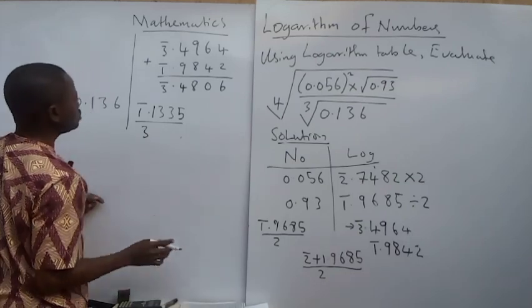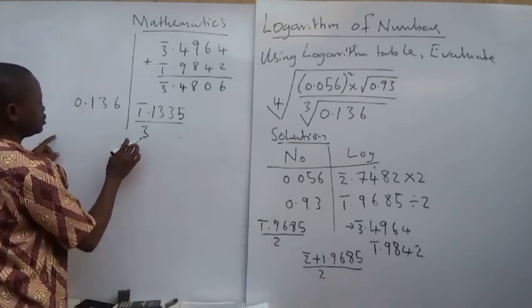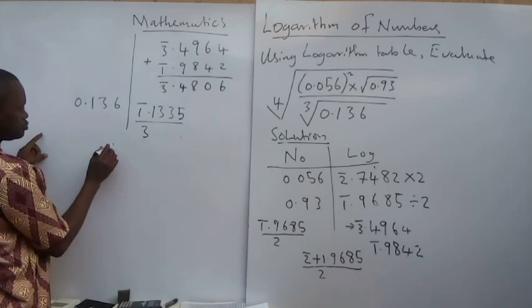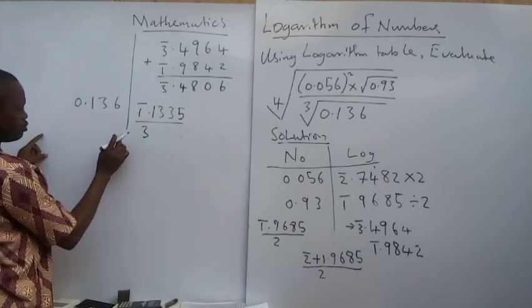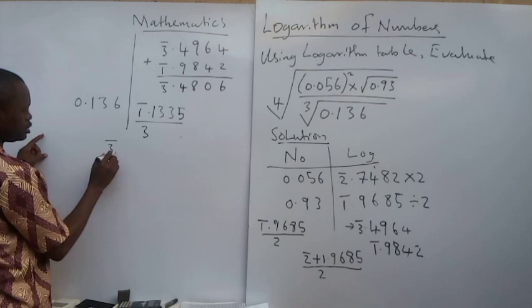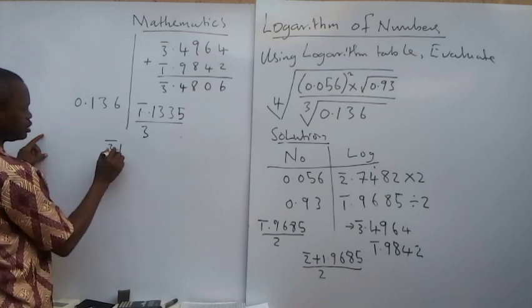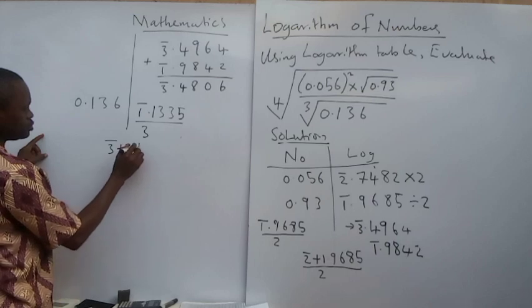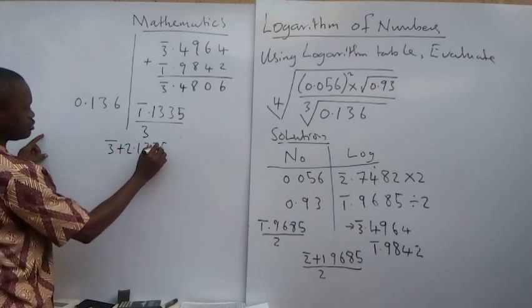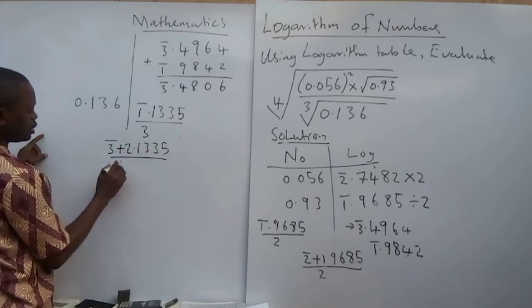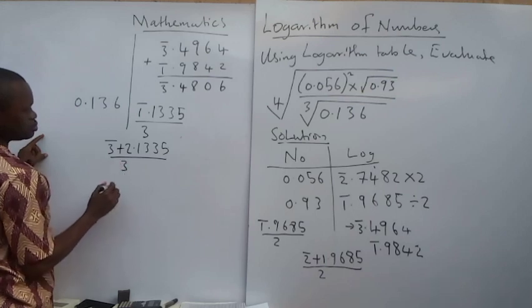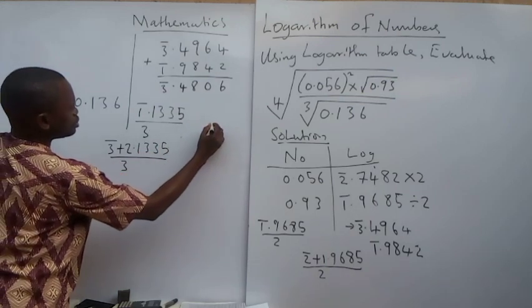Okay, we will still do the same thing we did over here. Let me do it somewhere here. I will bring this up and have bar 3. And how to return it back to bar 1 is to add 2. Then I'll put 0.1335, all divided by 3. So let me bring this one outside here.